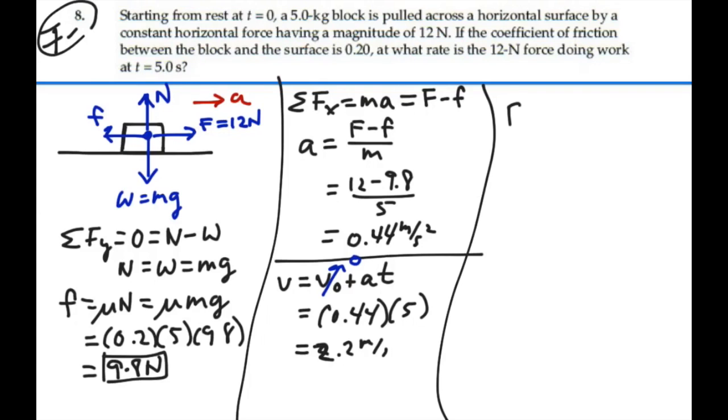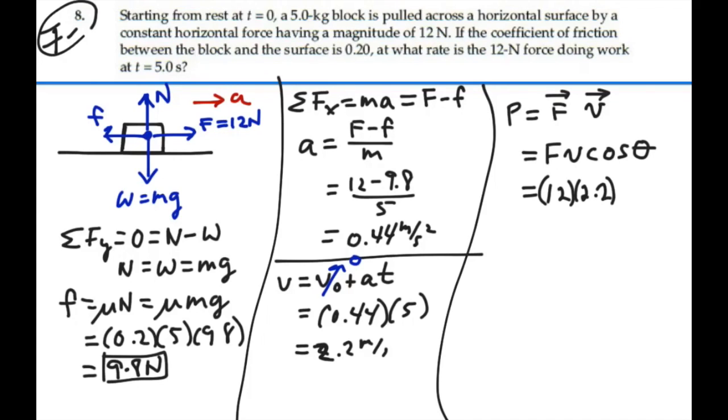Now the power should be equal to our force dotted with the velocity. And they're both going in the same direction. So that's the force times the velocity, cosine theta. In this case, it's going to be 12 times 2.2 cosine of 0 degrees.